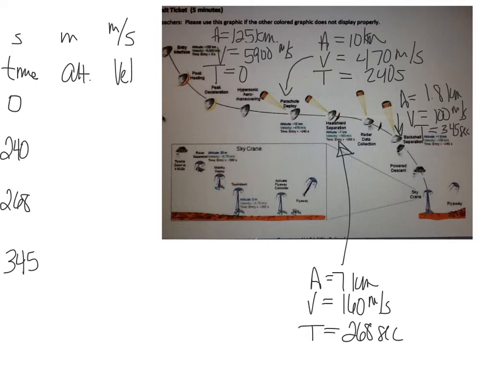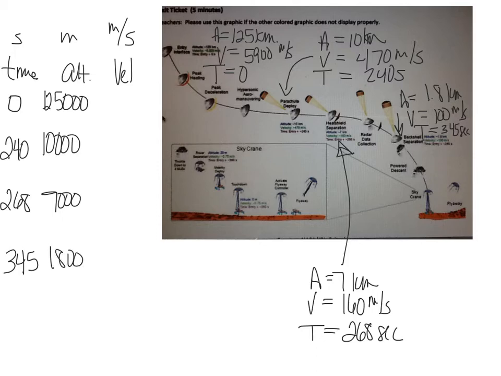The altitude at 0 seconds was 125 kilometers, so I've got 125 and 3 zeros. At 240 seconds, I'm at 10 kilometers, 268, 7 kilometers, and 345 seconds, 1.8 kilometers.